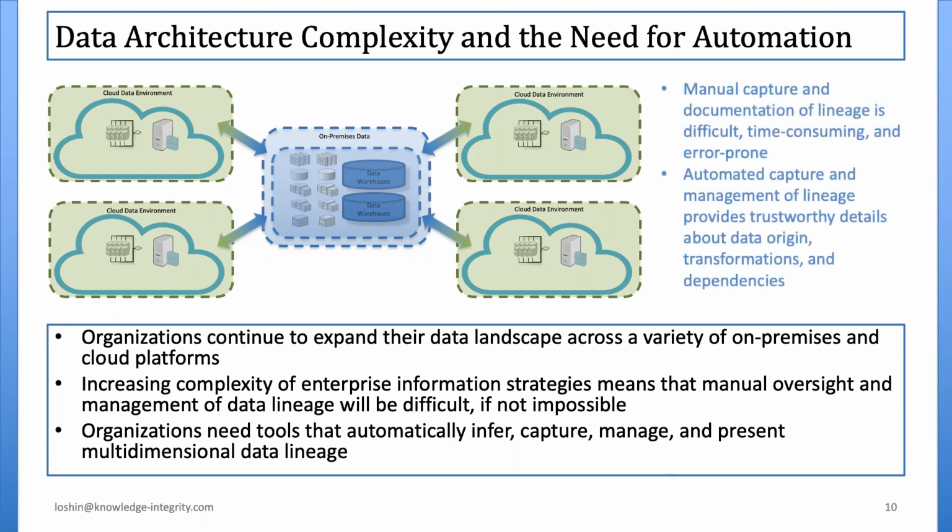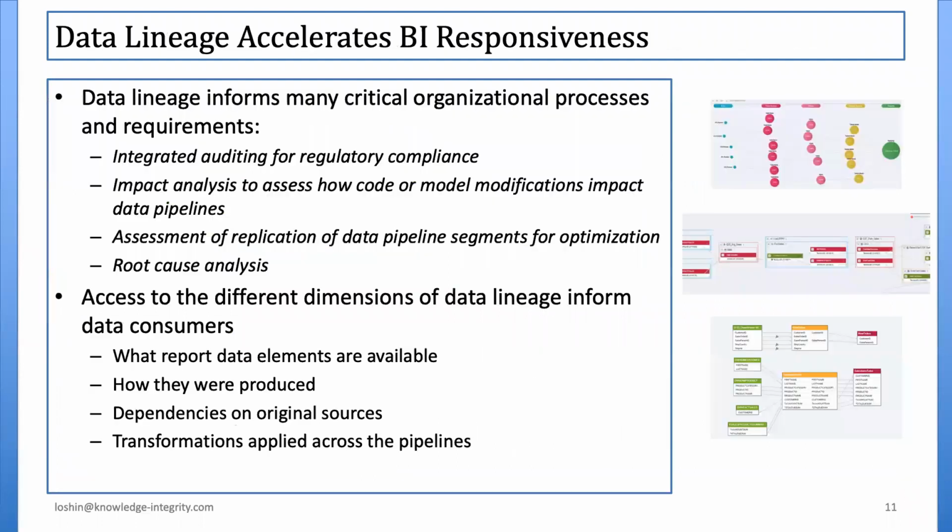The implication here is that manual capture is difficult, it's time consuming, and worse, it's error prone. Automated capture and management of lineage is going to provide trustworthy details about the data origin, the transformations, and those dependencies across the enterprise.